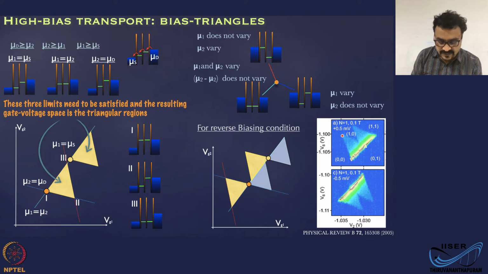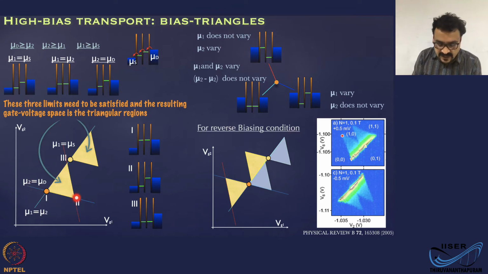So this blue line, that is mu2 equal to mu d: the area below it corresponds to the second dot level being above the drain side, because this is a more negative side for mu2, for VG2. That means this level goes above the drain, then no transport is going to happen because that level is not available.